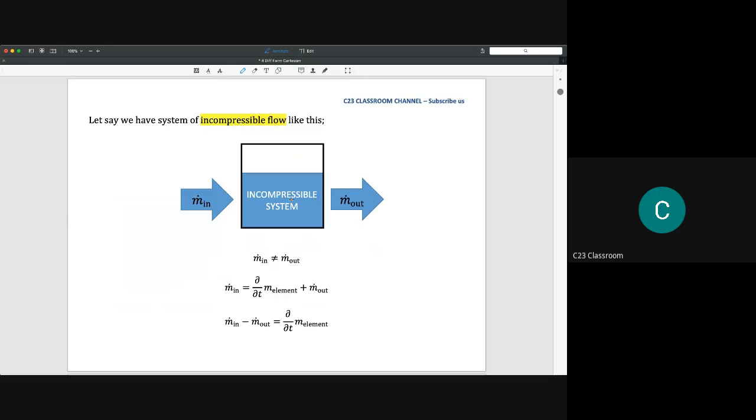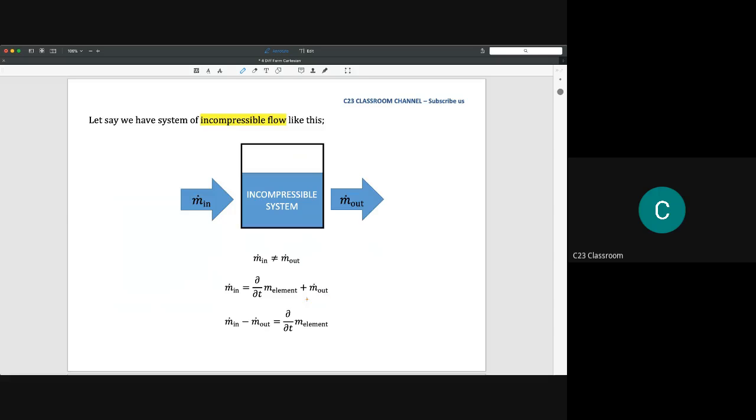So for sure there is an increment of mass inside this system. So we cannot just use the idea of inlet equal to outlet. What we need to understand is that mass inlet is equal to the mass outlet plus the changes of mass inside the system. That's why we need to write m dot in equal to dm dt plus m dot out.